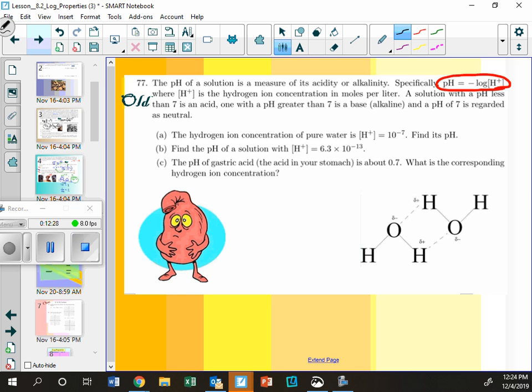So why are logs used in these cases? Because there's a tremendous range of sound, and also of acidity, and also of the Richter scale for how violent an earthquake is. It's a massive range, and they want to simplify it down to a nice simple 1 through 10 scale.